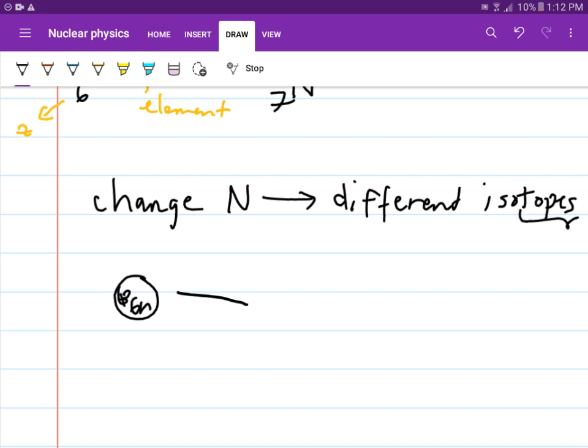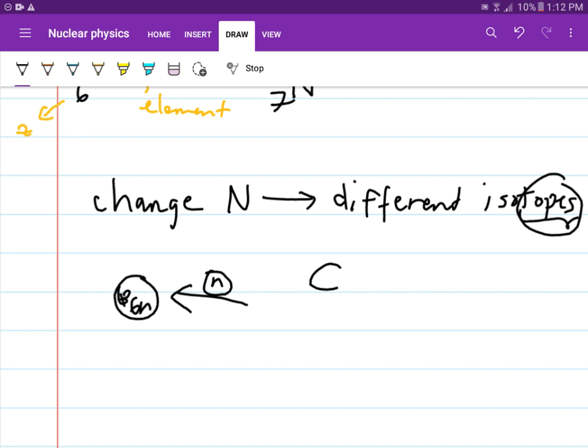If you add another neutron here, it doesn't change the number of electrons, because the atom will still be stable and the overall charge will be 0. It will not change the topology of the atom, but what will change is its mass number.